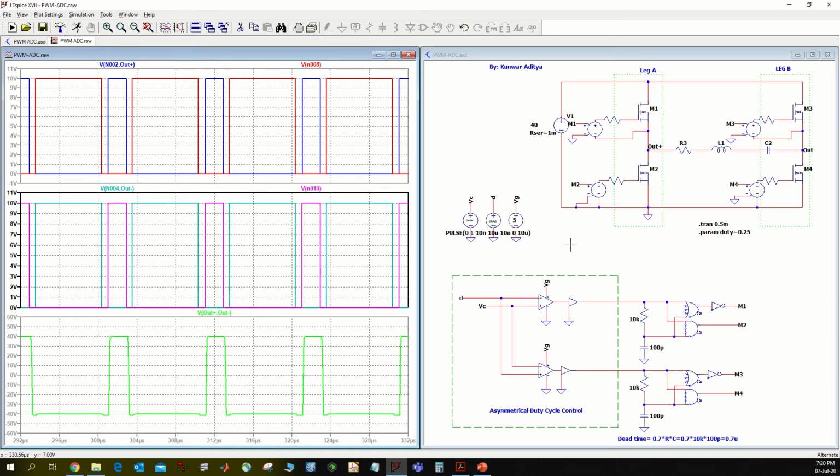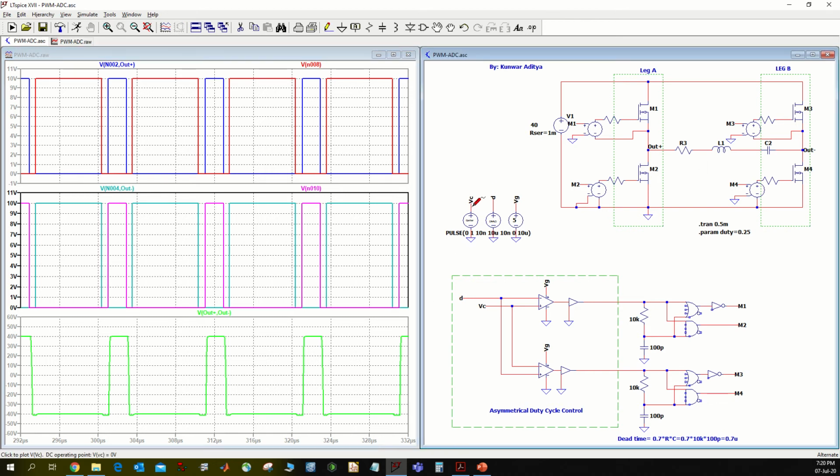This is how essentially it works, and you can understand that the gating signals for M1 and M4 will be of equal width, because the inverter needs to switch M1 and M4 for this flow of current in this direction, and then M2 and M3 for reversal of current to generate AC output. So fairly simple to implement.